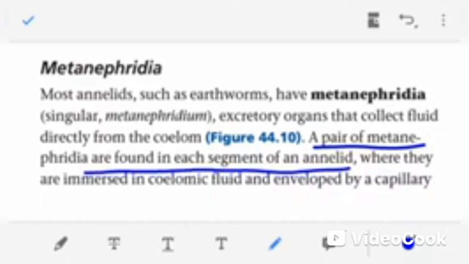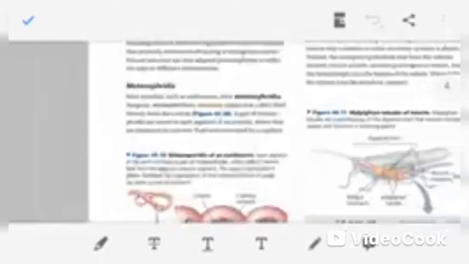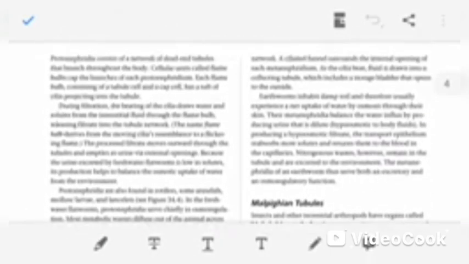These metanephridia are immersed deep in the coelomic fluid, and on their surface, an envelope, a covering of blood capillary network, is present.